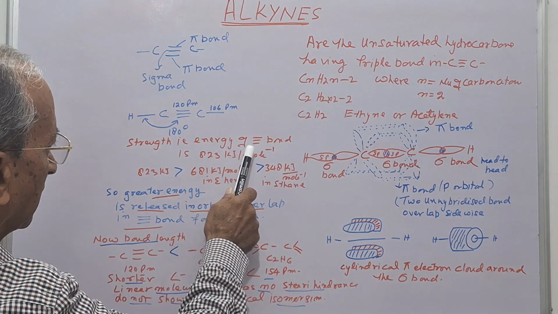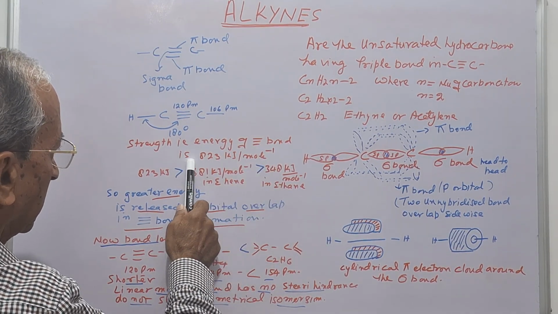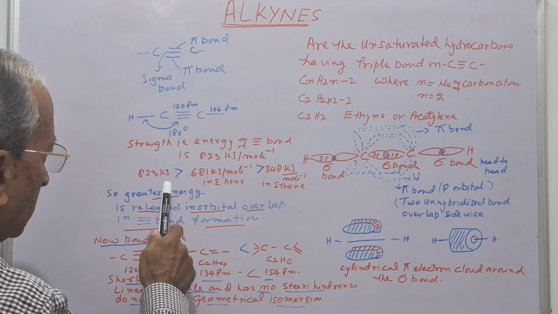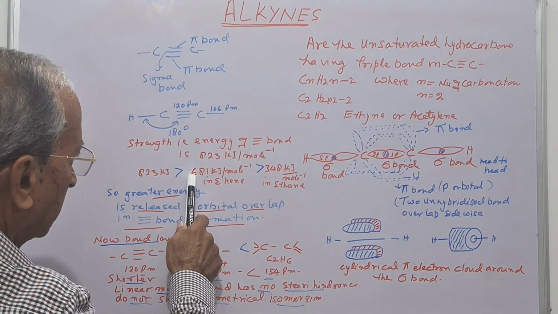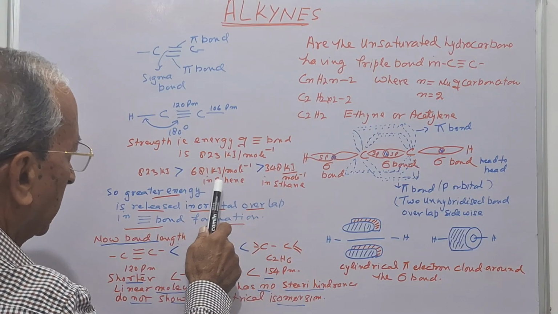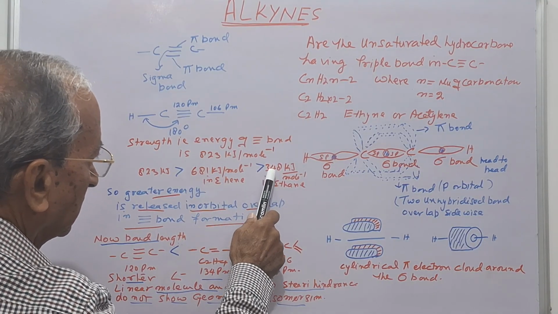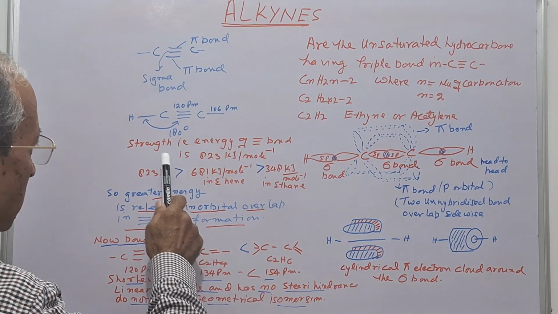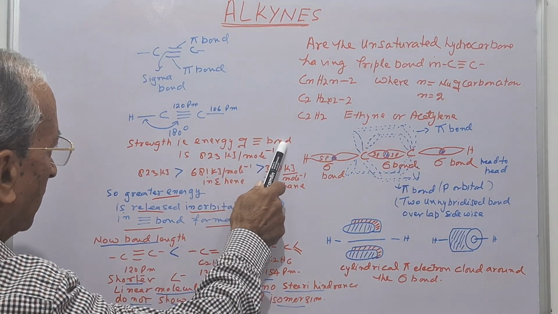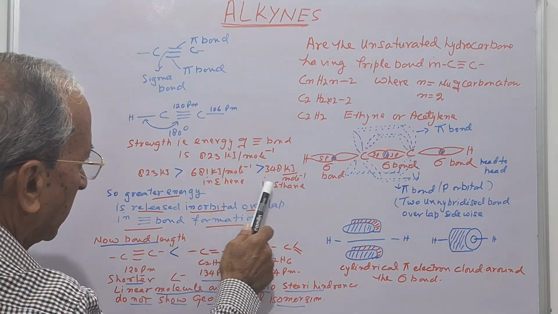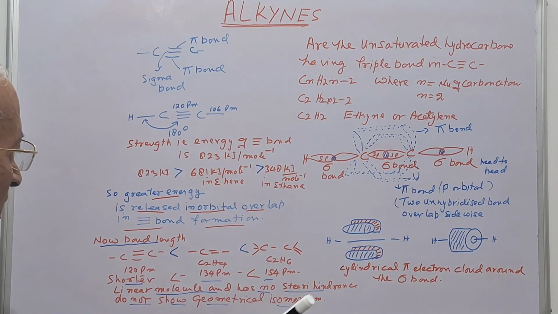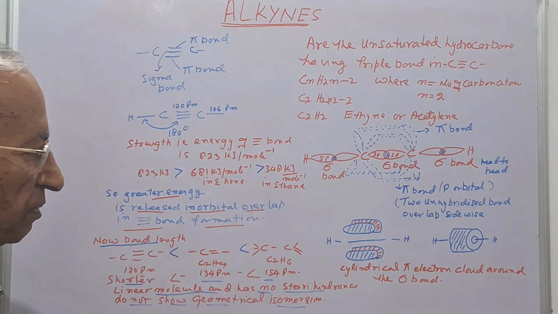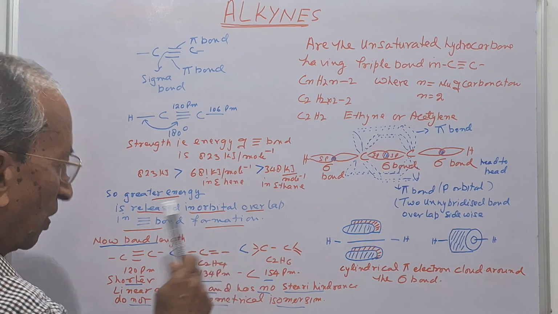It was found that it is more than the 681 kilojoules per mole in the case of ethene and 348 kilojoules per mole in the case of ethane. So the strength of the triple bond is more than ethene and ethane. So we say that greater energy is released in orbital overlap in triple bond formation.